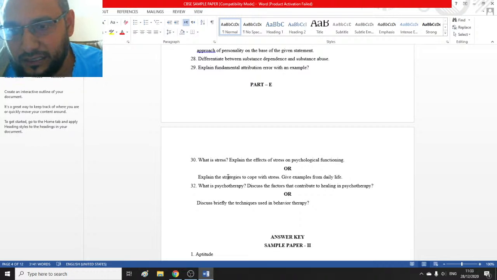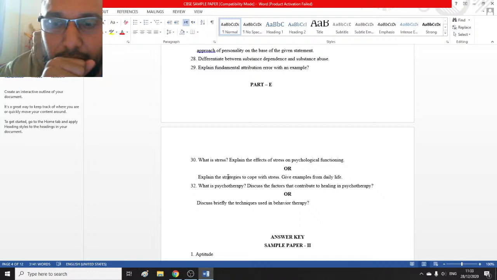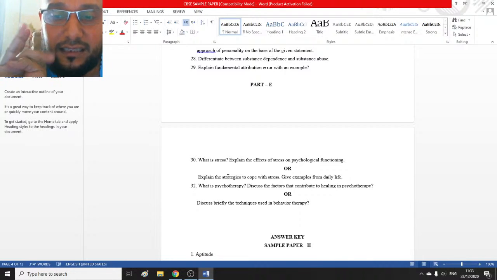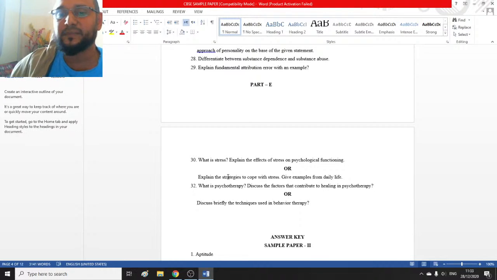If you see here, my children, the factors which are contributing are therapeutic alliance, first one, the process of communication, therapist related factors, client related factors, like therapist intelligence, therapist knowledge, professional qualification, his experience, expertise in that area, client's level of smartness. Sometimes the client is very smart and ready to accept the change, but some people will not accept the change very quickly.